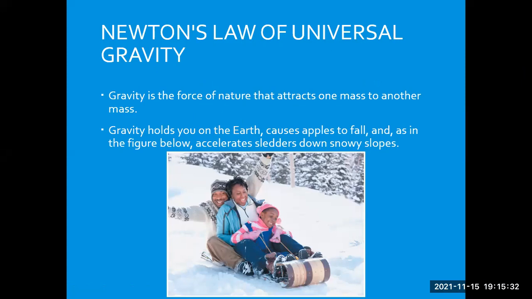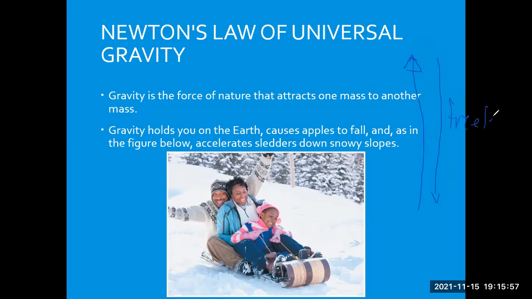So sabi dito, the gravity holds on the earth, causes an apple to fall, as in the figure below, accelerating the skier down the snowy slope. Di ba? So sabi natin, pag sa gravity, every time kung ano ibabato nyo pataas, nagkakaroon siya ng free fall. So, babato natin yung object pataas, tapos, syempre, automatically, it will free fall.